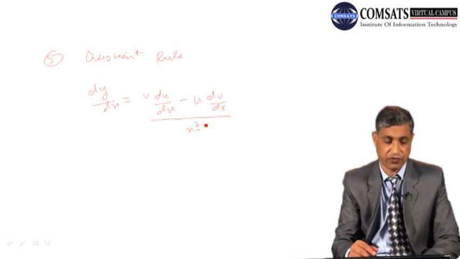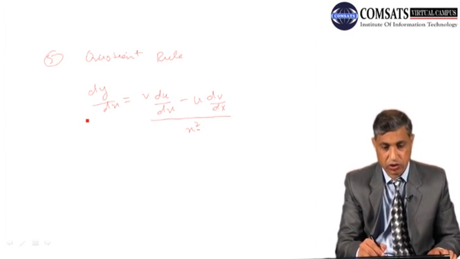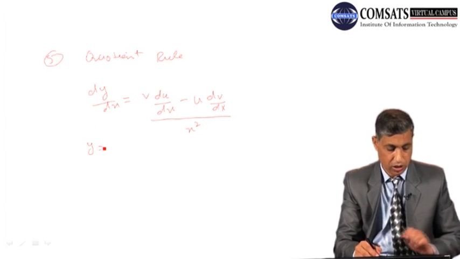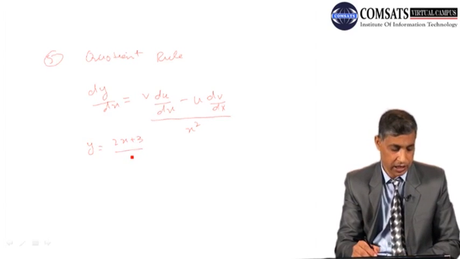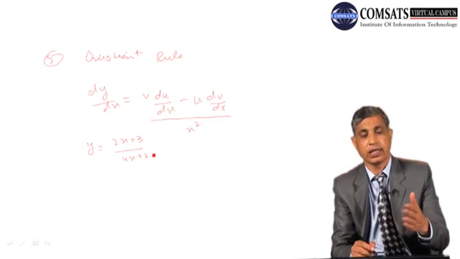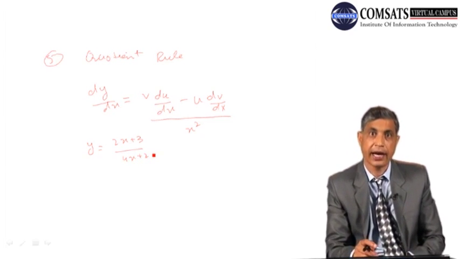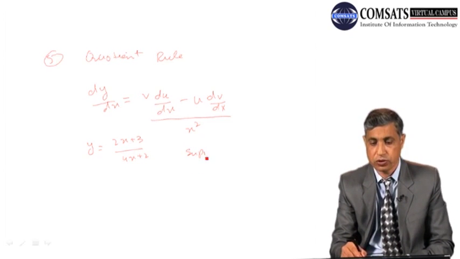So what this means, for example, we take an example and say that y is equal to 2x plus 3 divided by 4x plus 2. Immediately we suppose that u is equal to the numerator and v is equal to the denominator. So suppose u is equal to 2x plus 3 and v is equal to 4x plus 2.